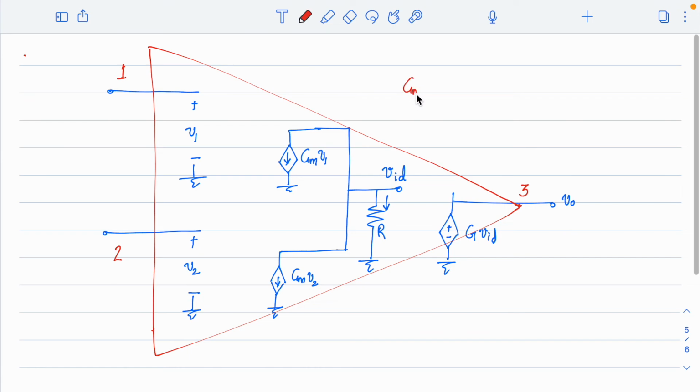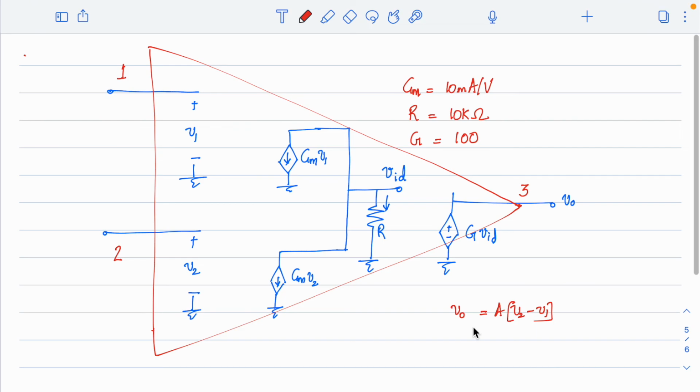Given that the value of GM is say 10 milliamps per volt, so basically GM is transconductance. Given that the value of resistance is 10 kilo ohm, and also given that the value of G, the gain factor, is equal to 100. So what you can find is the overall gain of the structure from input to output. Or if I represent V0 as A times V2 minus V1, what is this A factor? That is a question.